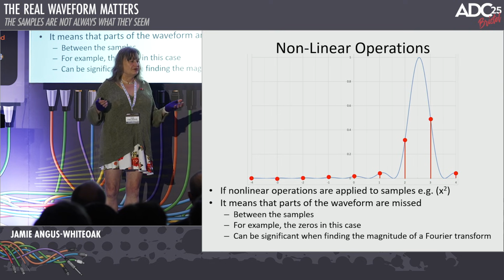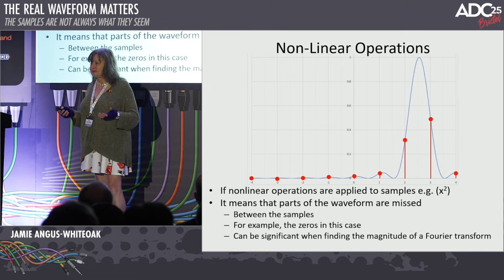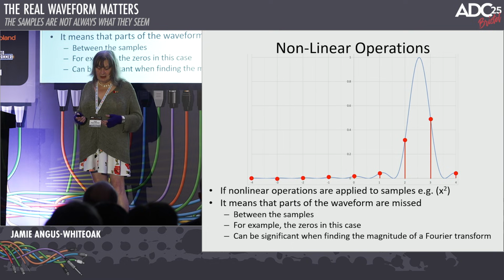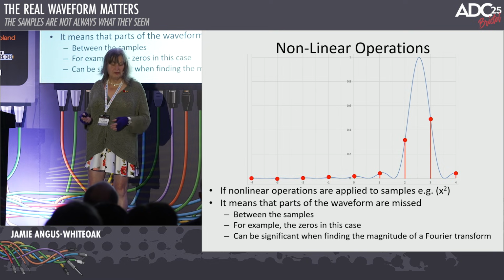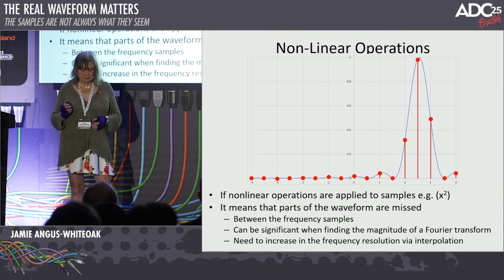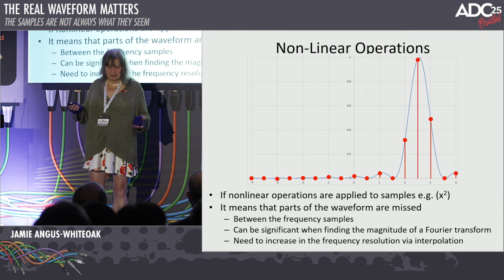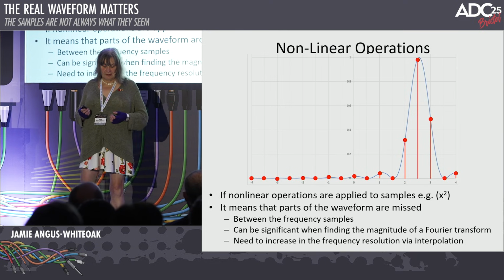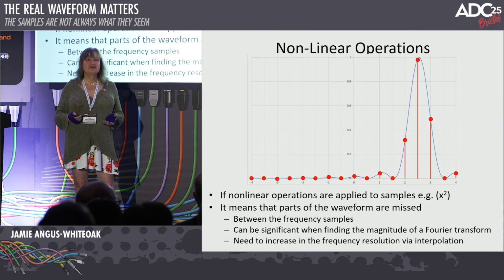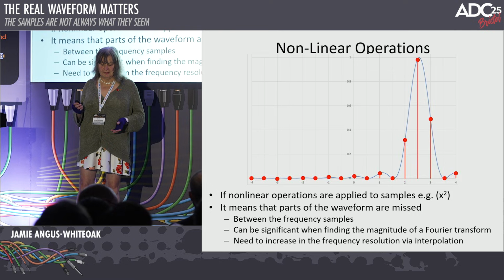You can actually lose the harmonics. And if you are looking for the harmonics, that's really a problem. So it can be significant when you're looking at the magnitude results of a Fourier transform. Again, if we have more samples and we can see the waveform between the samples, and increase the resolution, we can actually recover that information.